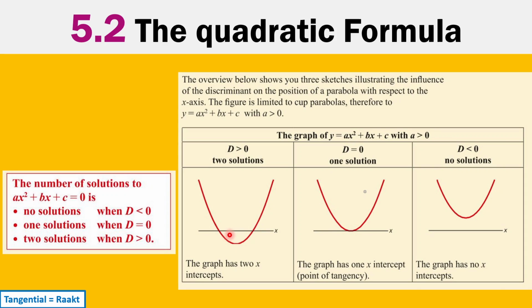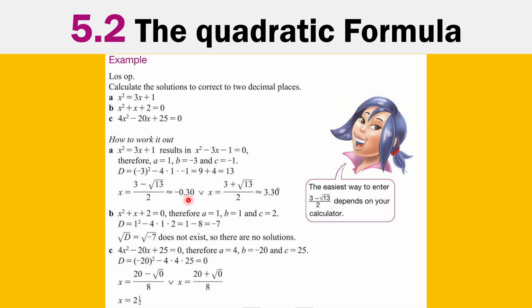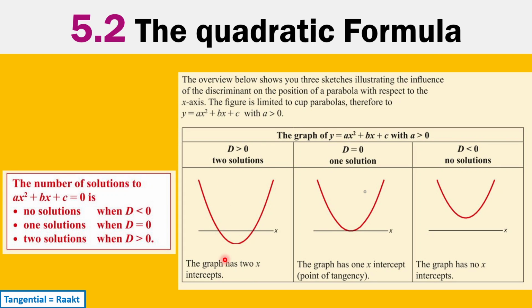And if you want to sketch it even more accurately, you can also say where the y-axis is, right? So for example here, this is to the left of the y-axis and this to the right, so you can also sketch the y-axis somewhere here. The book doesn't really tell you to do that, but you can do that if you want to.